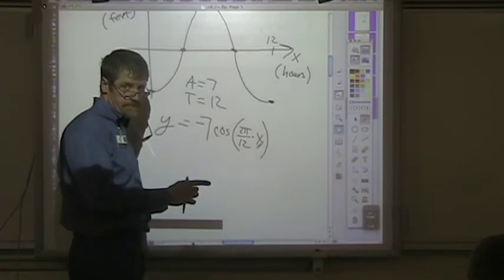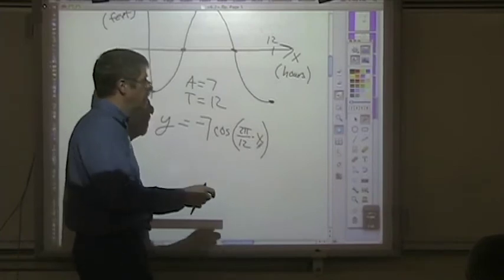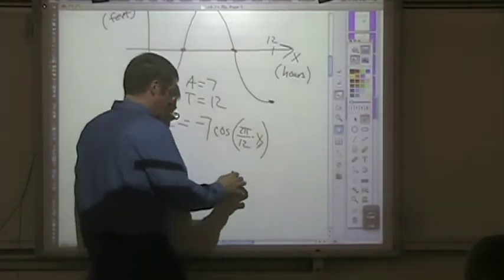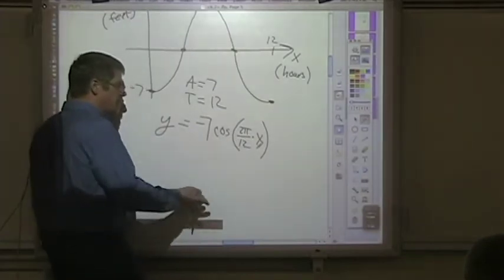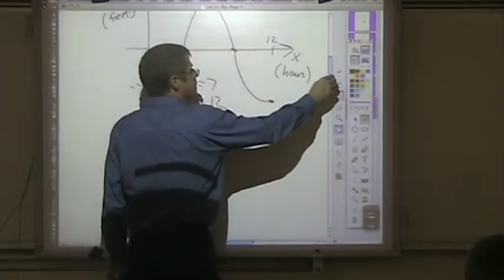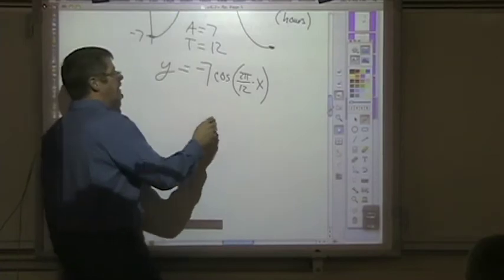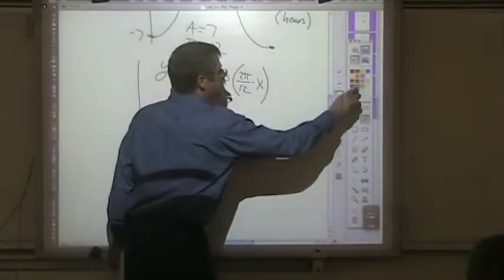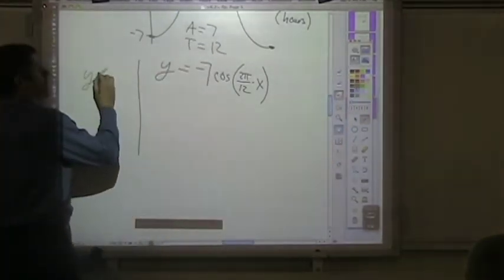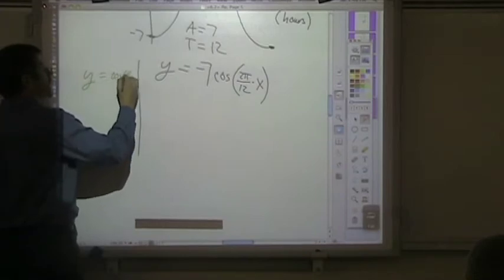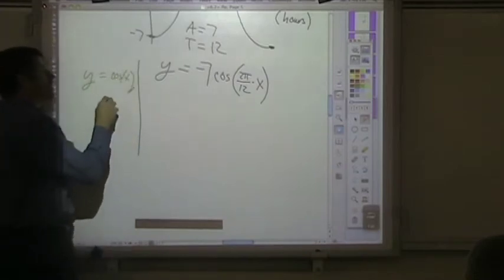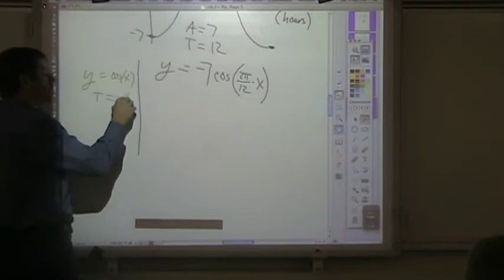Well, we know that if we're just watching the movie backwards here, the parent graph, I'll put the parent graph in green, y equals cosine x. The parent graph has a period of 2 pi.